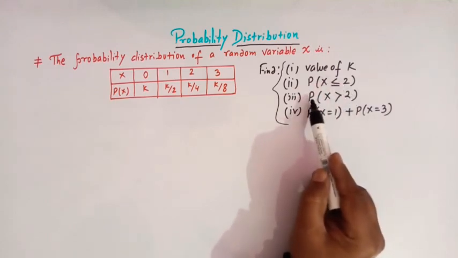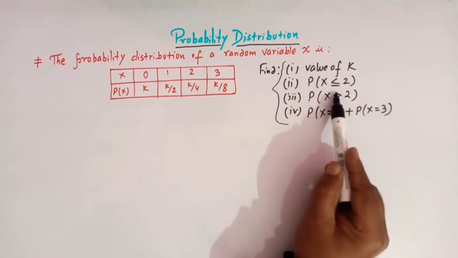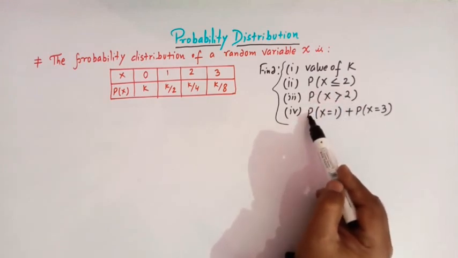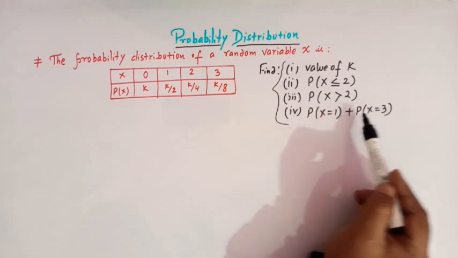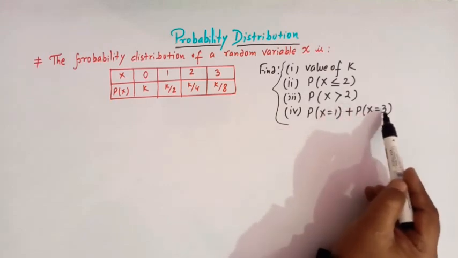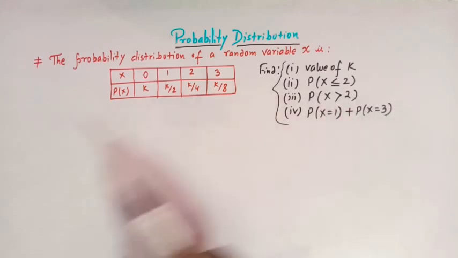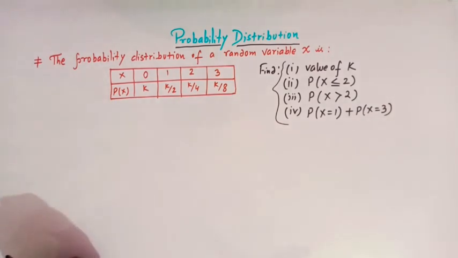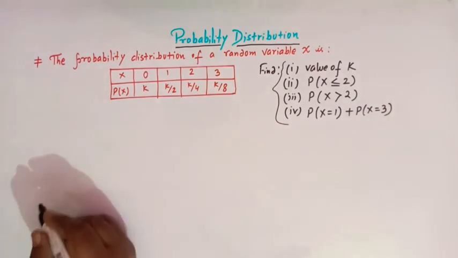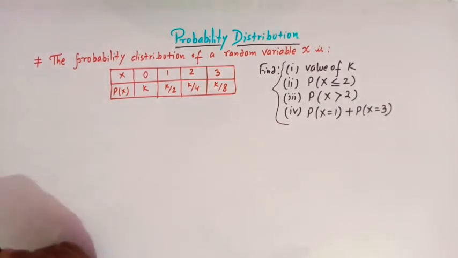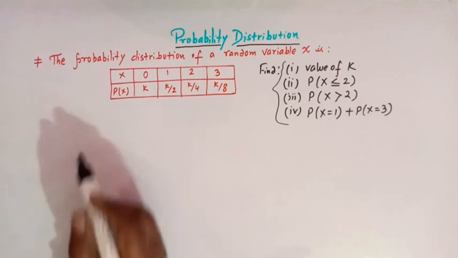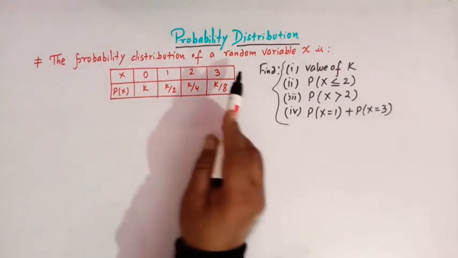Then we have p of x greater than 2. Then we have p of x is equal to 1 plus p of x is equal to 3, right? So viewers, we have already discussed the concept of random variable and probability distribution in our earlier videos, so you can go through them, and here we'll solve this problem, right?